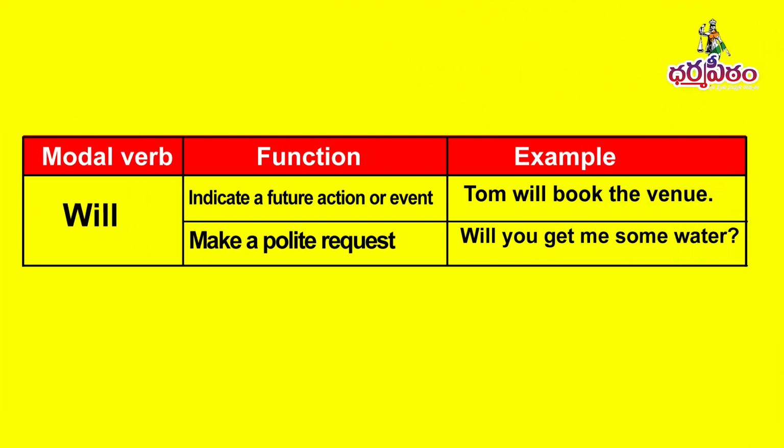So will is commonly used in the future tense form and to make a polite request, almost the same way as could you please, right? Could you please get me some water? Or will you get me some water? Also can be used, right? Will actually has basically these two usages.